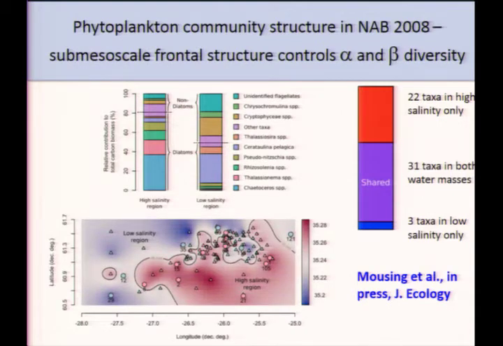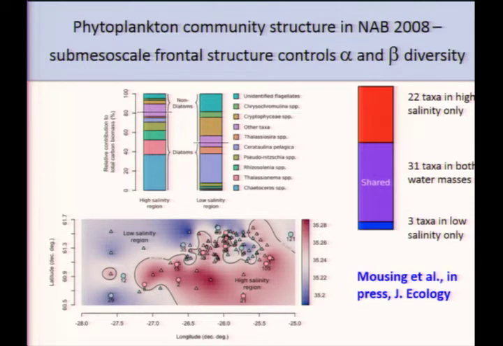So the first one was done with old-fashioned phytoplankton cell counts with Utermöhl settling chambers. And these were samples that were collected daily over the course of a month. And the conclusion of this paper by Mousing et al., that's coming out next month in Journal of Ecology, is that the phytoplankton community structure was set by the submesoscale and mesoscale frontal dynamics. And that controls alpha, the local diversity, and beta, the temporal diversity.